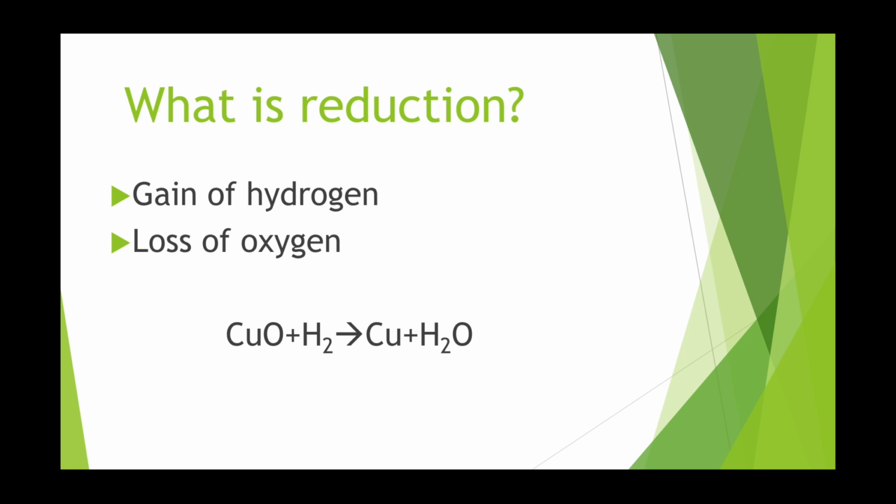Here you can see that copper oxide loses its oxygen and hence it is a type of reduction reaction. Means a reduction is a process where there is gain of hydrogen molecule or hydrogen atom or there is loss of oxygen.